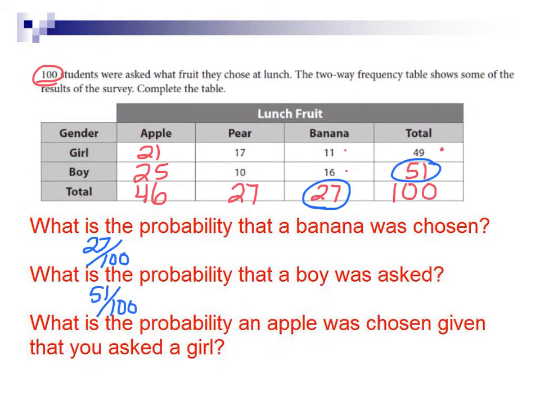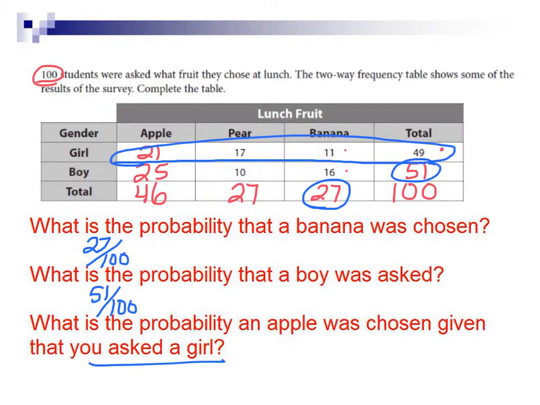Now let's try something a little trickier. What is the probability that an apple was chosen given that you asked a girl? So you're no longer looking at your 100 surveys here that you got back. You're really only looking at the girls' surveys because it was given that you asked a girl. You know that you only asked a girl. So I'm really only looking at these surveys right here. Okay.